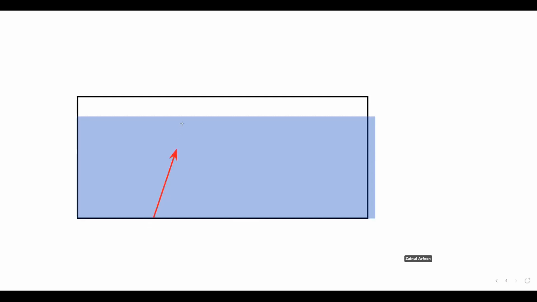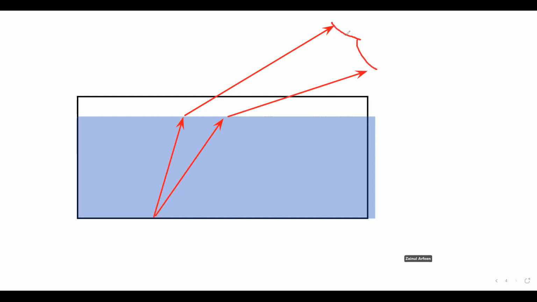The light rays from the base of the pool, when they move from water to air, bend away from the normal. So when we are looking at these two light rays outside the pool, from the top of the pool, our brain senses that the light is coming straight from the object.